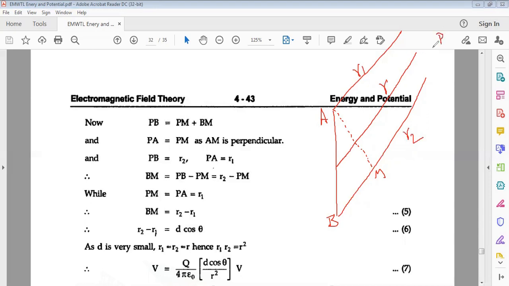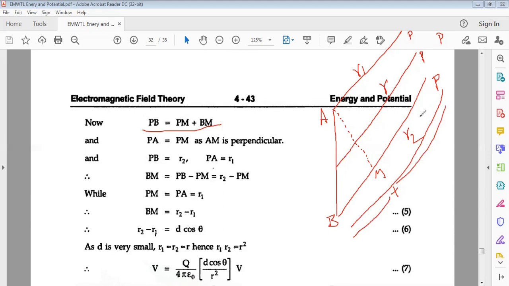The point P is far away from the dipole. So PB is equal to PM plus BM. Got it, my dear students? Because the point P is far away from the dipole, R1, R2 and R are parallel lines. So totally PB is equal to PM plus BM.